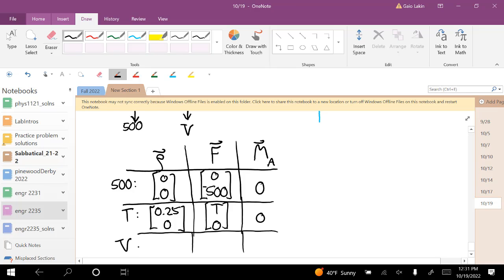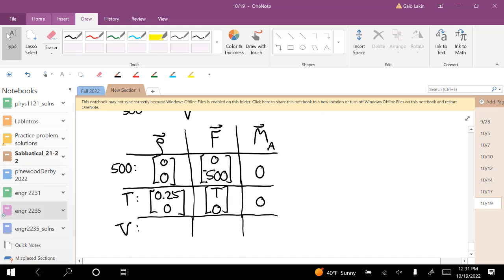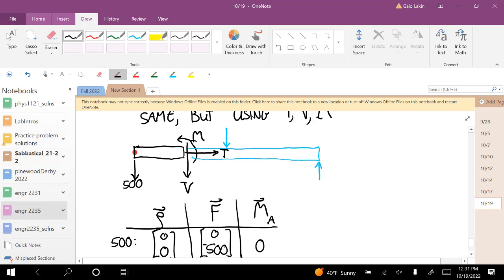Now the shear force is where this helps you keep yourself from getting confused. So the shear force, the rho vector is 0.25, 0. What's a unit vector in the direction of that arrow? 0, negative 1.